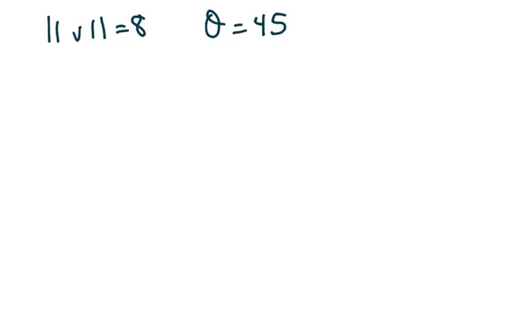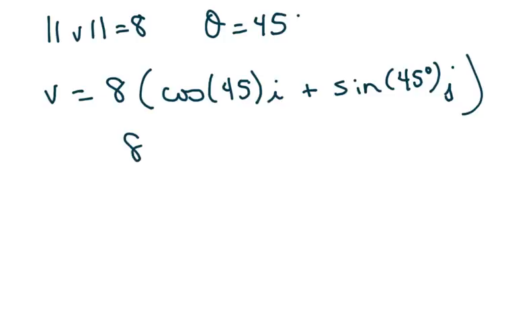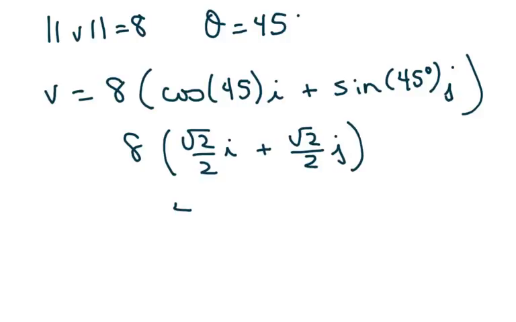So we're going to get v equals 8 times cosine of 45 degrees i plus sine of 45 degrees j, and that's going to give us 8 times the square root of 2 over 2 i plus square root of 2 over 2 j, which is going to give us 4 root 2 i plus 4 root 2 j.